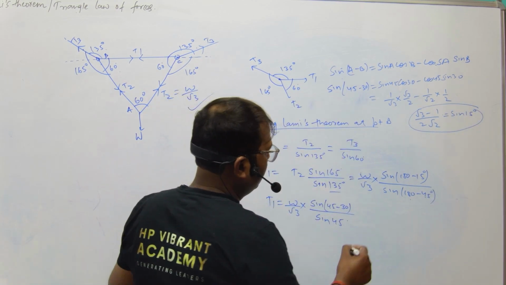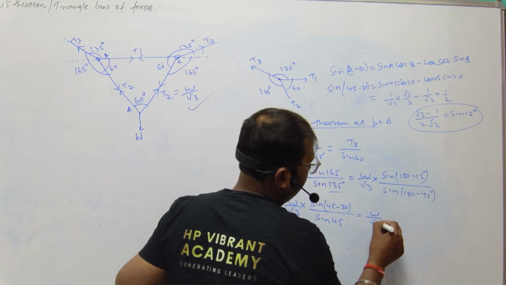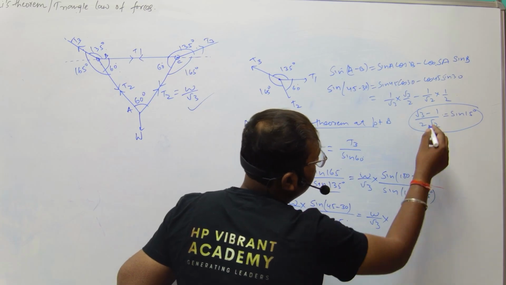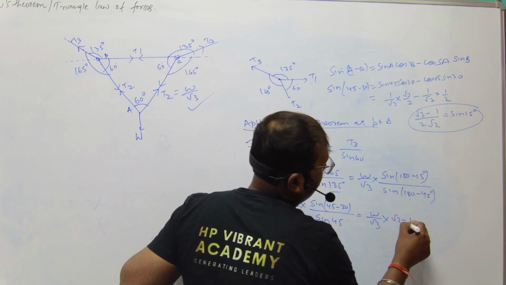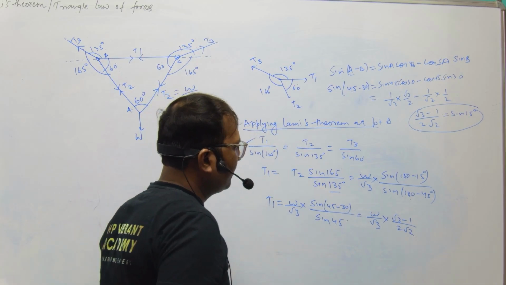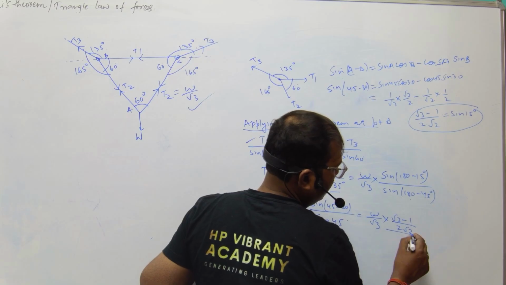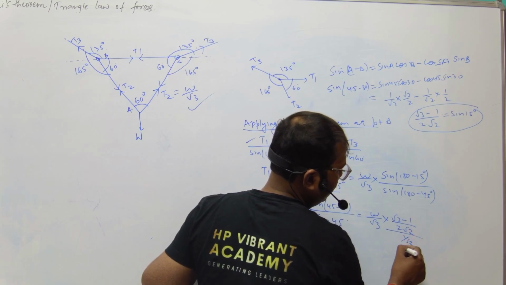Okay, so let us place the value here. So this is equal to W upon root 3 times this value, root 3 minus 1 upon 2 root 2, divided by sine 45, which is 1 upon root 2.